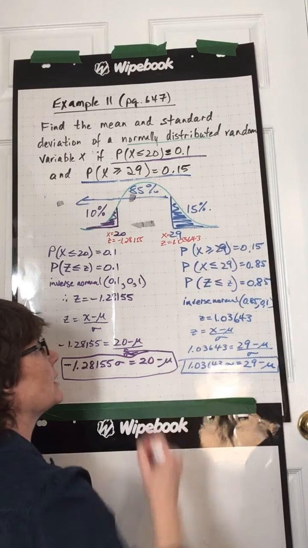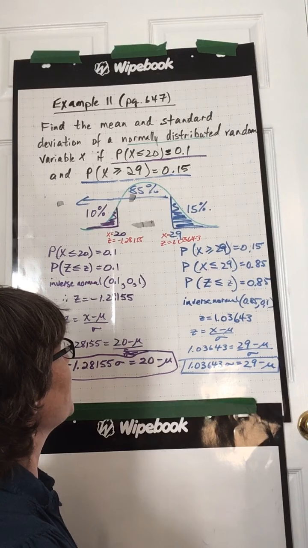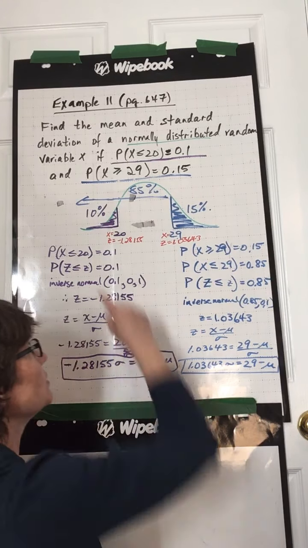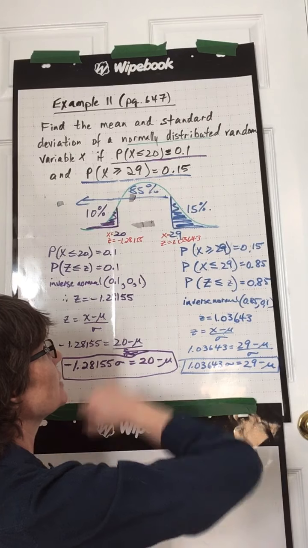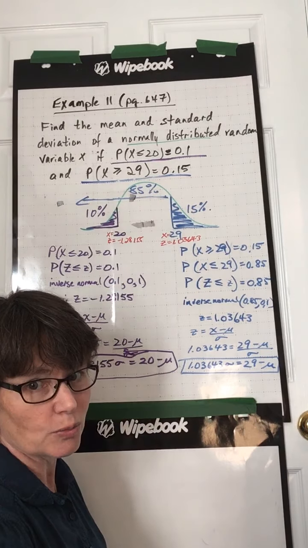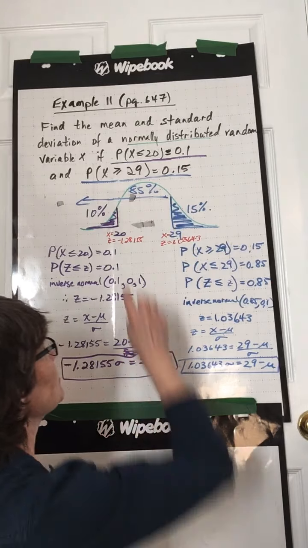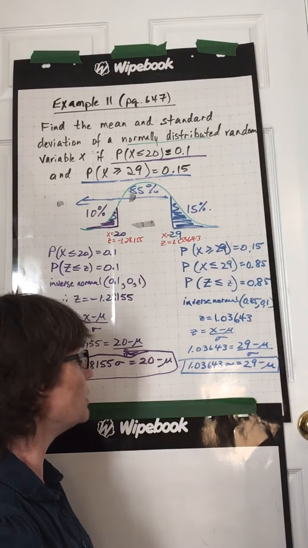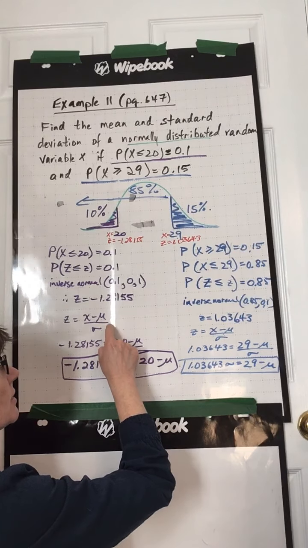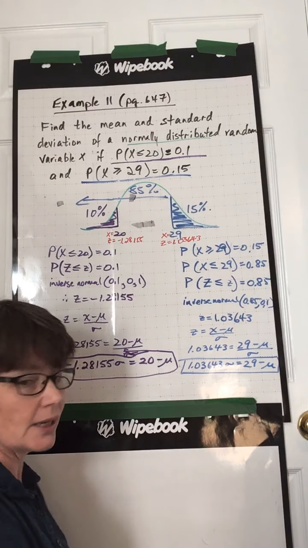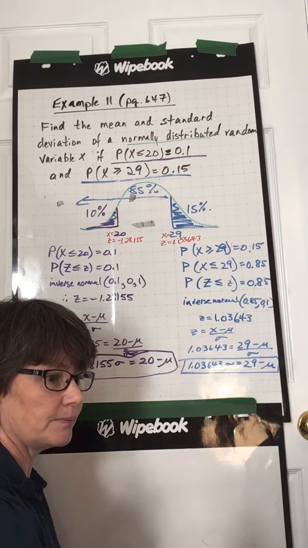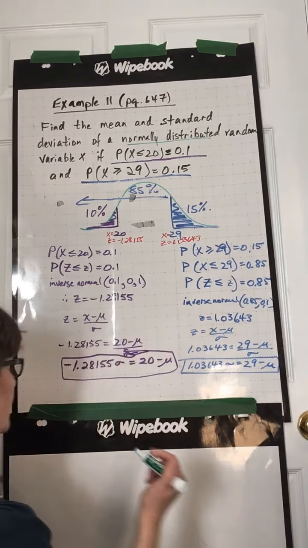Thinking about the x distribution, the actual data set we're dealing with, and overlapping the z distribution right over top of it, in the same position these two numbers are related based on this formula. So we fill in that formula: two equations, two unknowns. I'm going to copy them down here and then solve them.